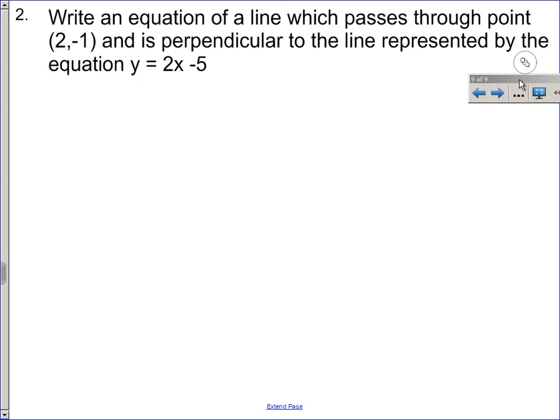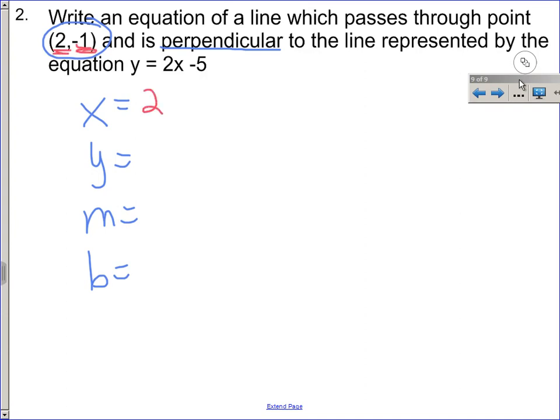So we're going to try one more, which you'll finish up on your own. Write an equation of a line which passes through point (2, -1) and is perpendicular to the line represented by the equation y equals 2x minus 5. So x, y, m, and b. All right, so in this situation, I have an x, which is 2.